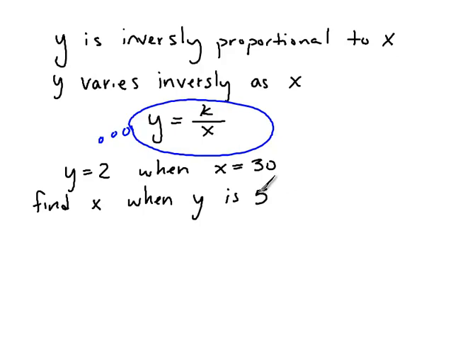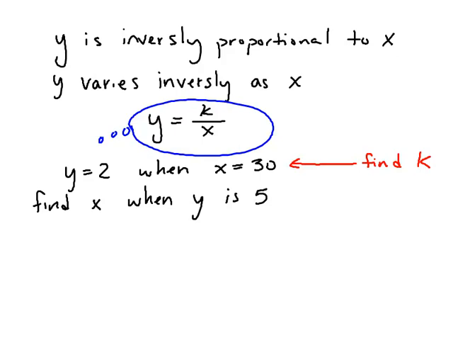The first thing you do is think of this equation, and then you use this information to find k. K is called your proportionality constant, or your constant of variation, and we need to know that. Once you have k, then you plug in 5 for y and you'll figure out what x is.